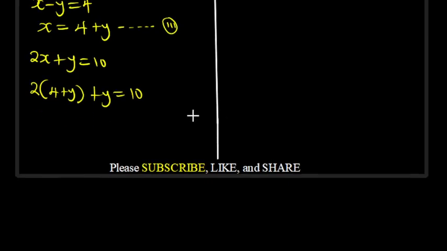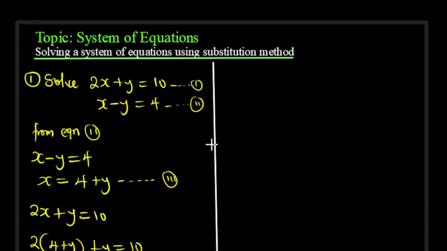When I open this bracket, 2 times 4 is 8, 2 times y is 2y, then plus y is equal to 10. So 8 plus 3y is equal to 10.